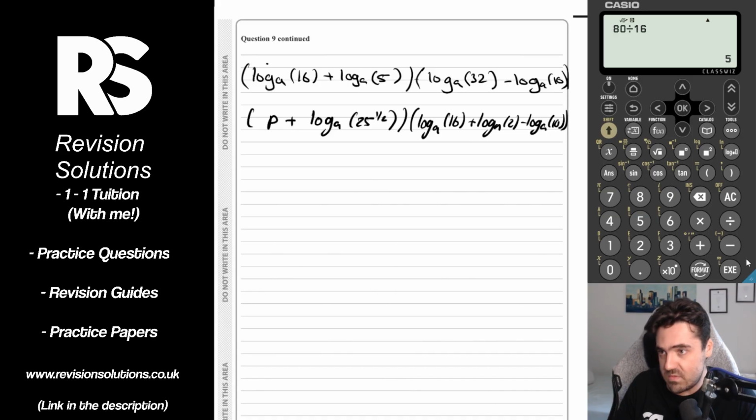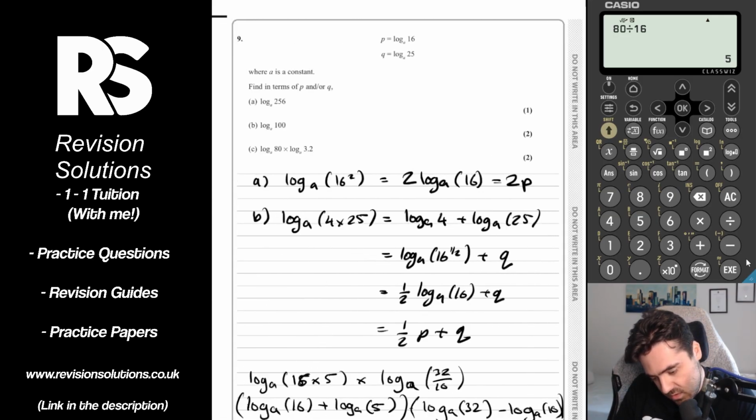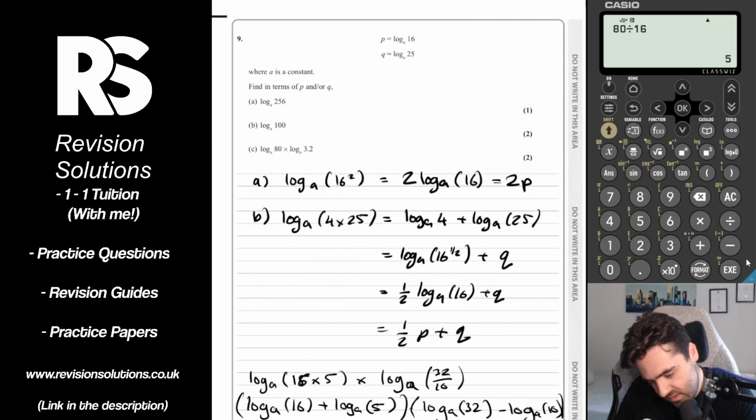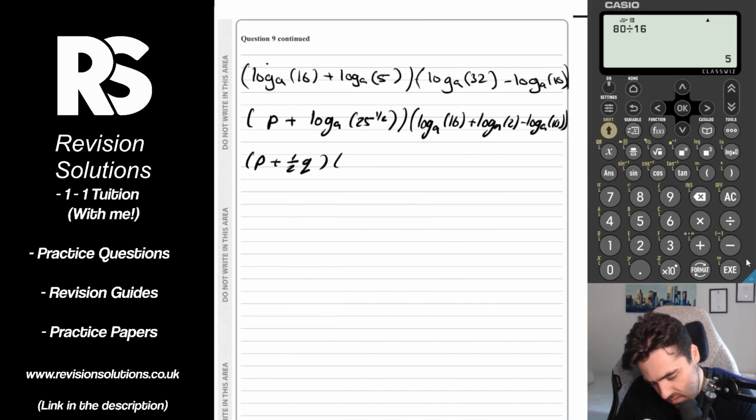So that half could come down to leave us with half log base A of 25, which was Q. So that's P plus a half Q in that first bracket. That's good. Then the log base A of 16, that's P again. And then we can combine these two logs I've generated here. So that's P minus log base A of 2 minus log, that's 2 over 10, which is a fifth.